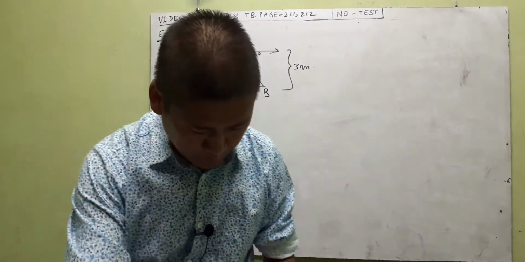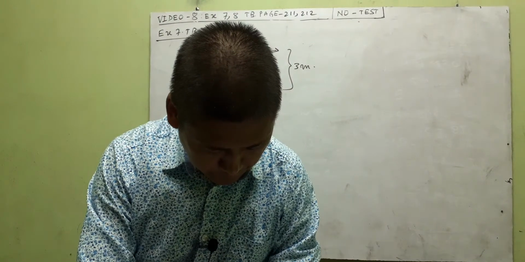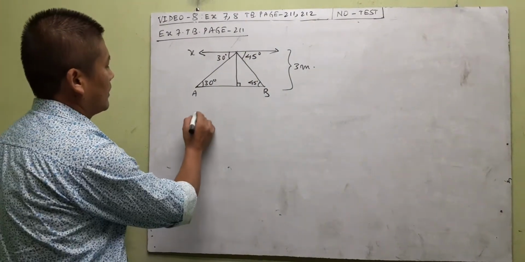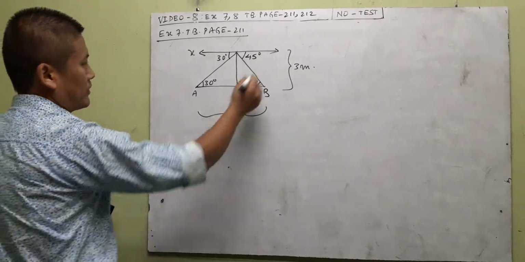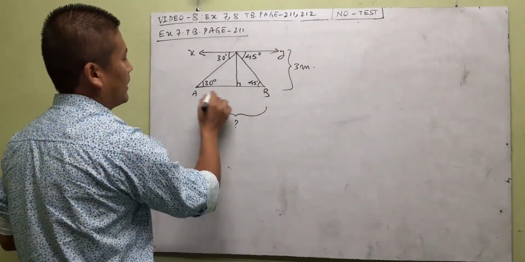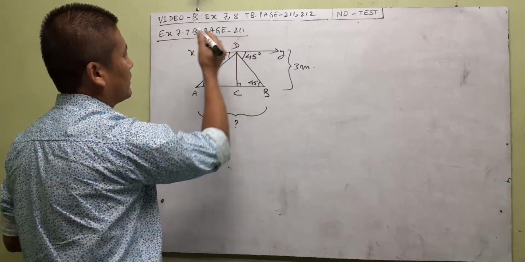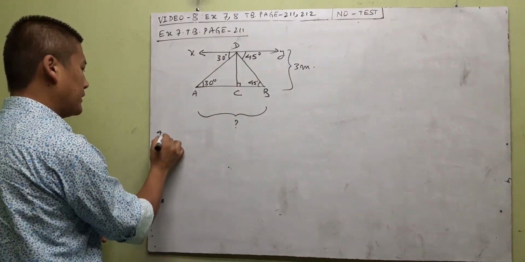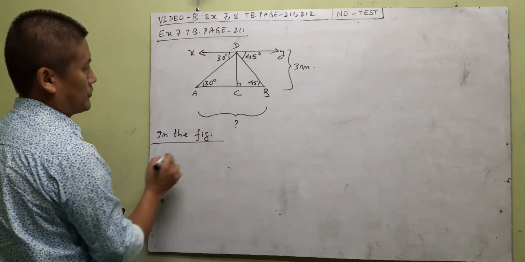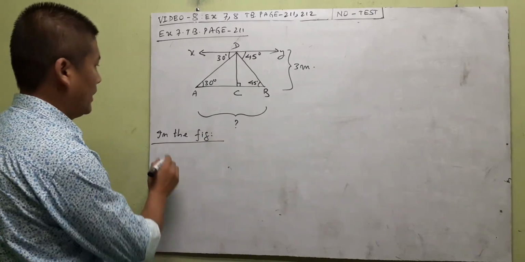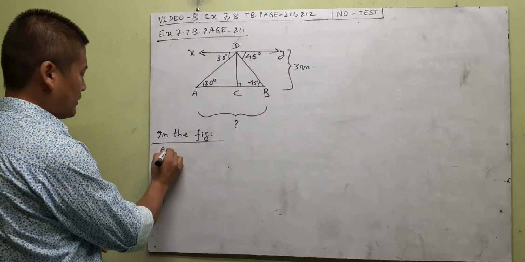Okay, with this information you have to find the width of the river. That means we have to find this distance AB. So let us just write here Y, and then A, B, C, and D, maybe you can just put it. So in the figure, it's quite simple, I think. We need to find AB, so let us just mention that.